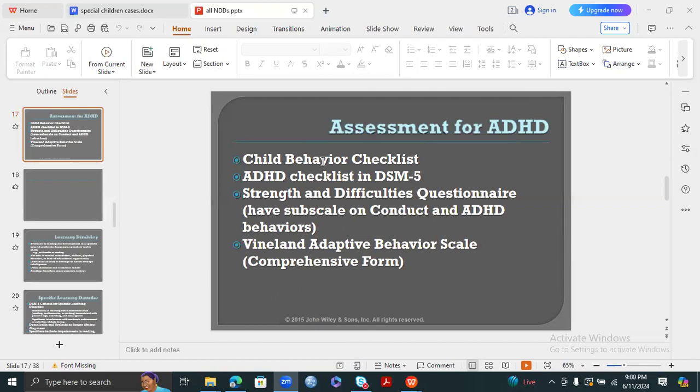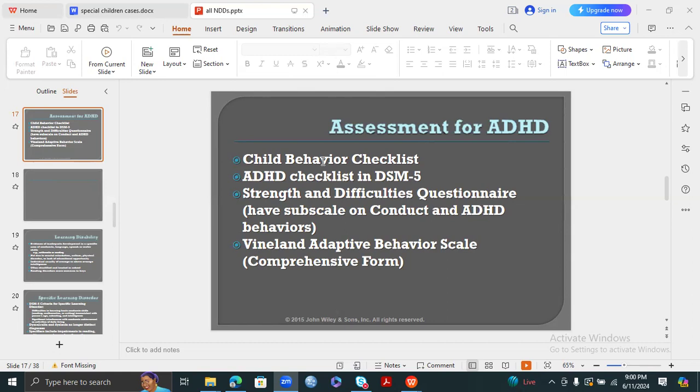Okay, that is page number 8 or 9 for the appendices, and you can start there. You will find the particular checklists in the DSM for the particular disorders. All right, and one of them is the ADHD checklist in the DSM-5.